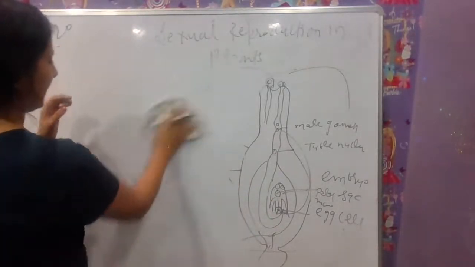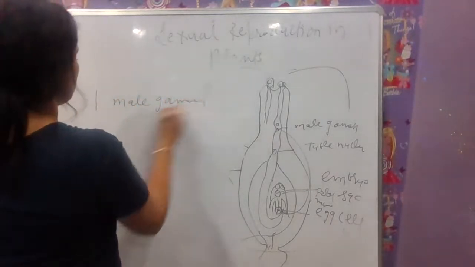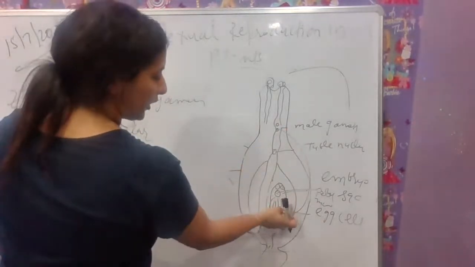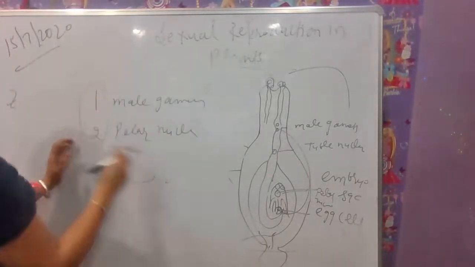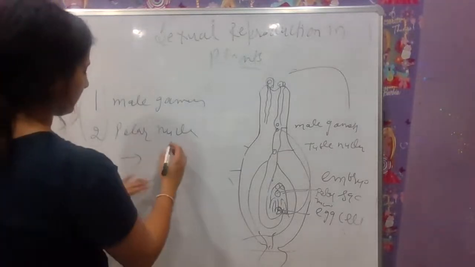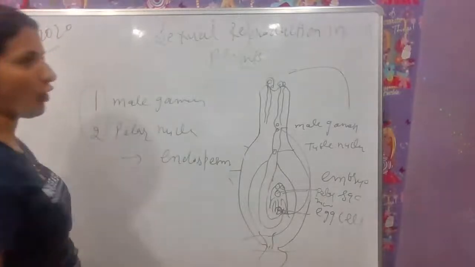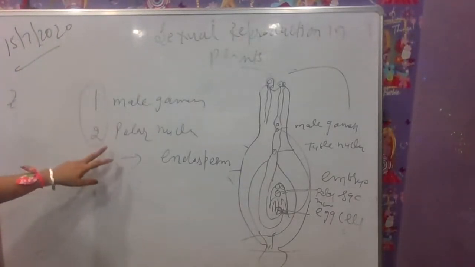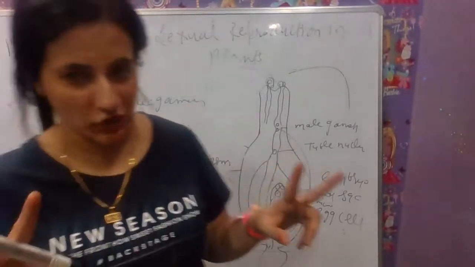So one male gamete which is left, and two polar nuclei. Male gamete is from male, polar nuclei are present in female. They combine together, again they fertilize to form endosperm. They just combine together. This is called double fertilization.